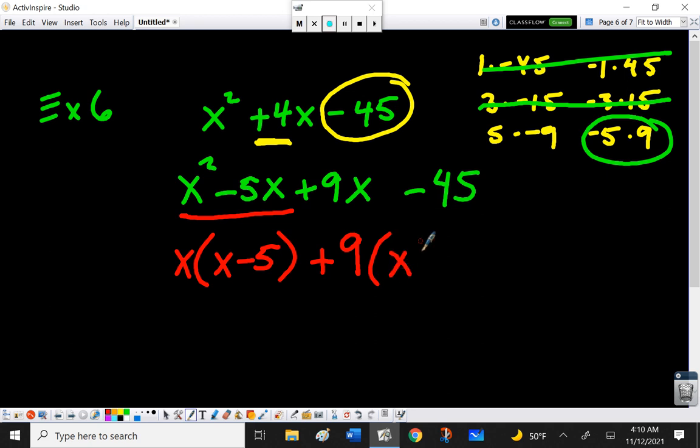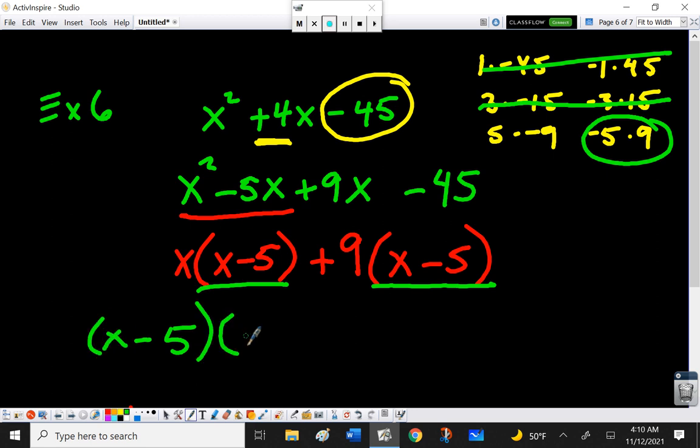We have x, and you guessed it, minus 5. So now look at here. Whatever is not inside that parenthesis is going to go inside this one. That's going to be our x plus our 9.